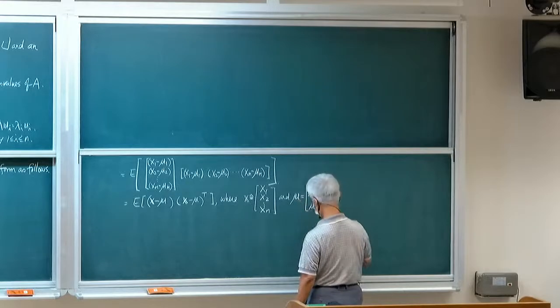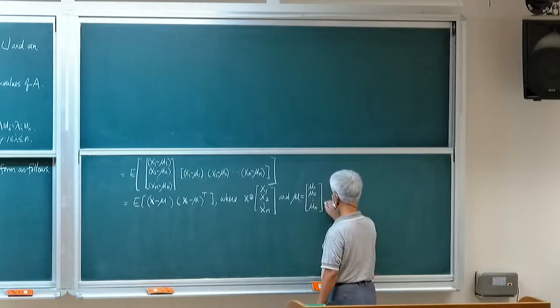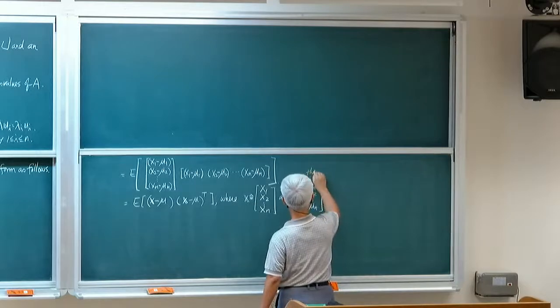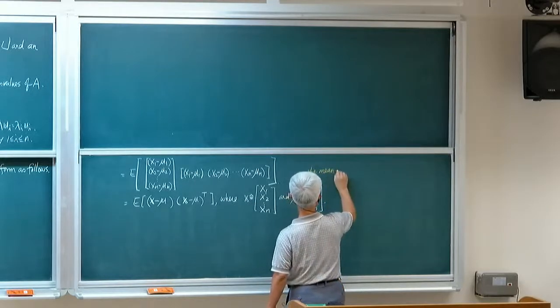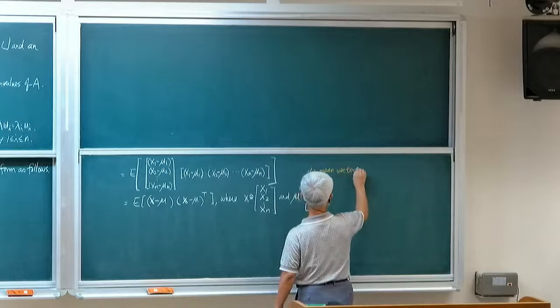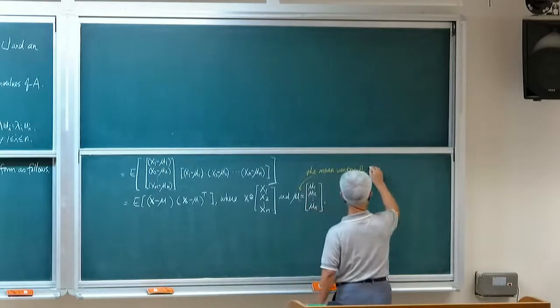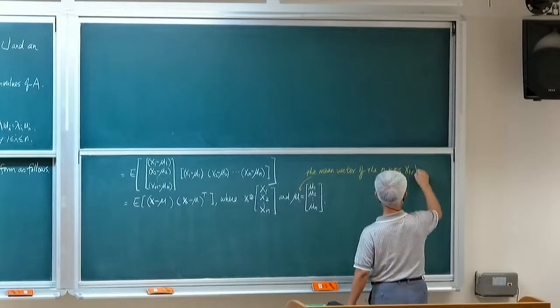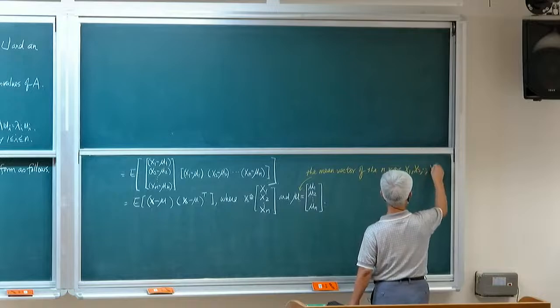And this is called the mean vector of the n random variables x1, x2 up to xn.